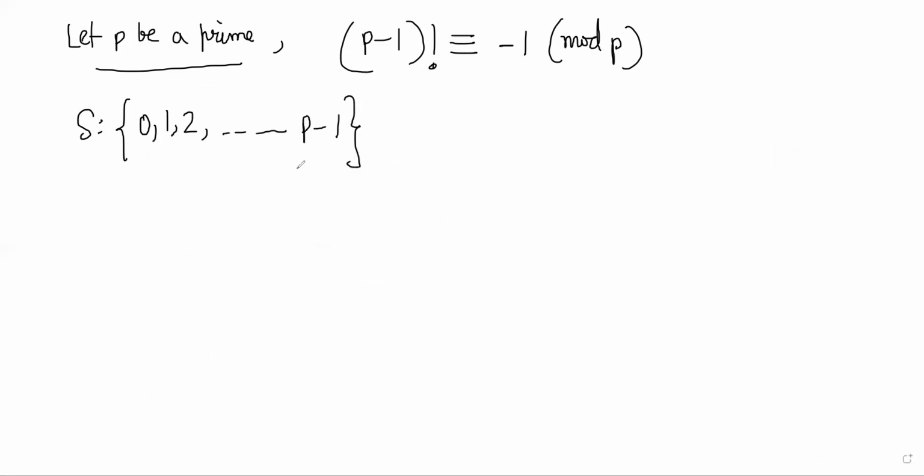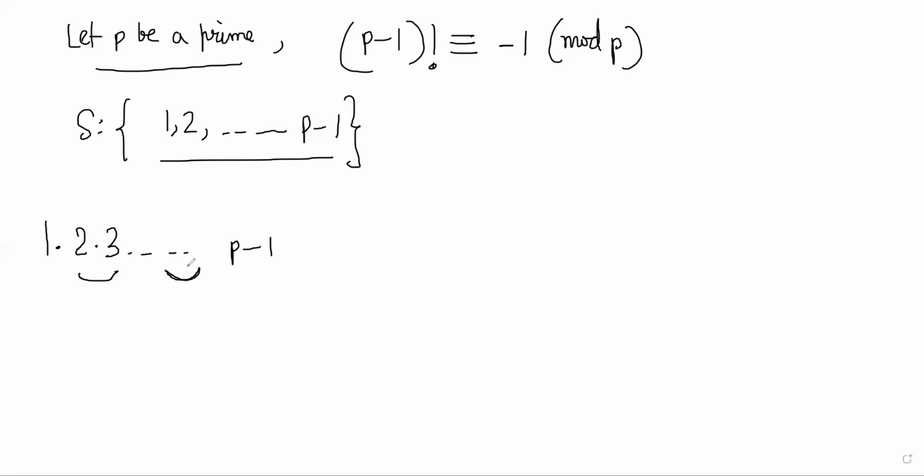It does not include 0. All the remainders from 1 to P minus 1. And then if you multiply all of them, we'll take 1 and 2 and 3 and so on till P minus 1, and we will be able to find numbers here which will be inverses of each other.